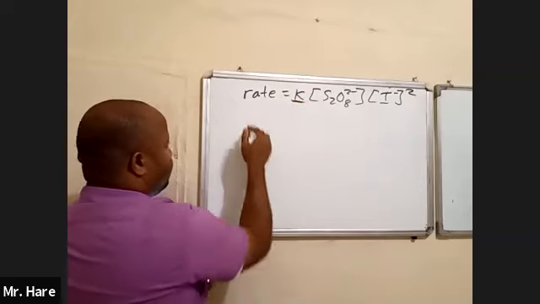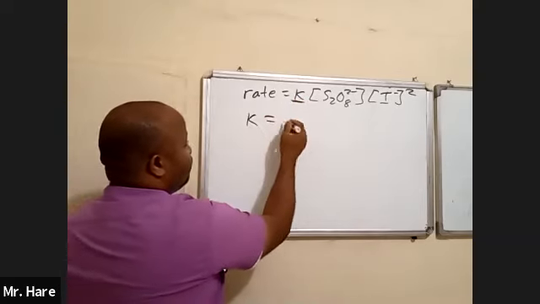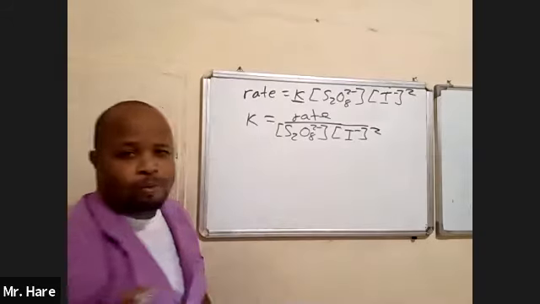Transpose for K. K is equal to rate divided by the S2O8 times I minus squared. And all you do, pick an experiment.